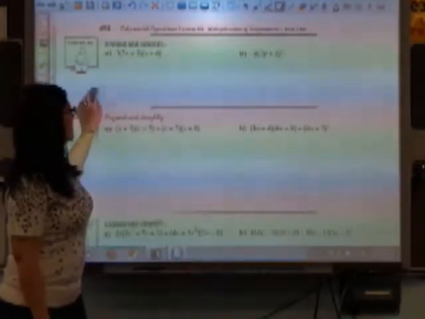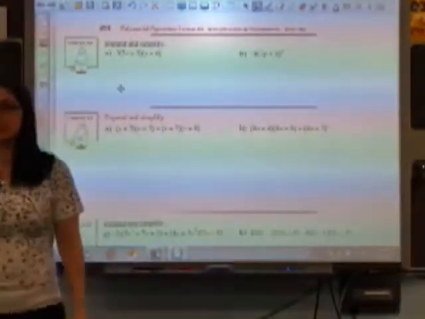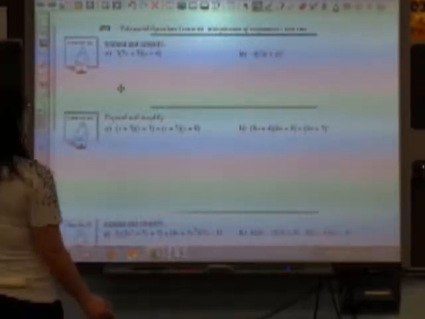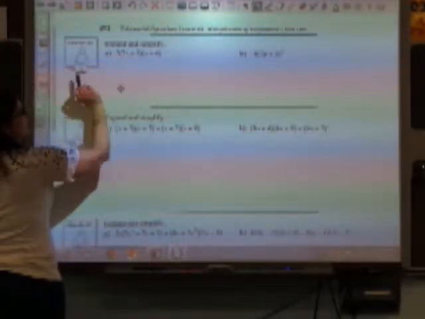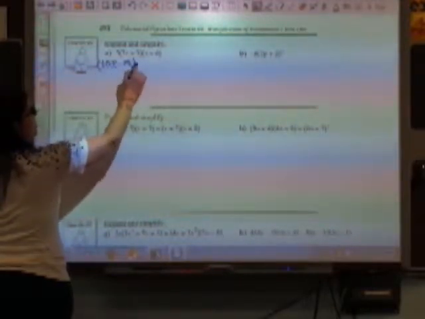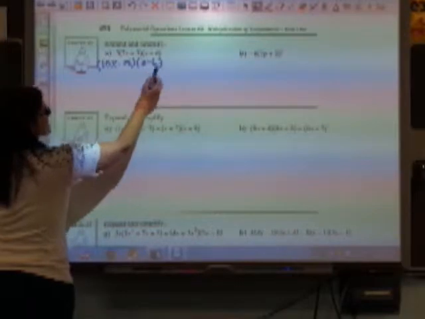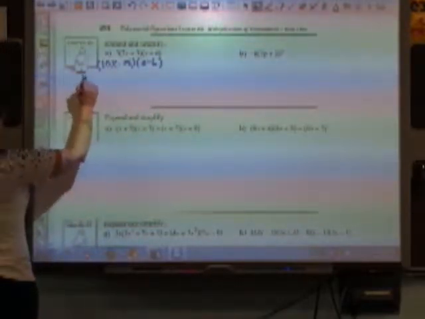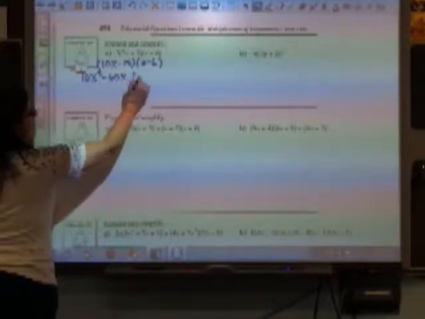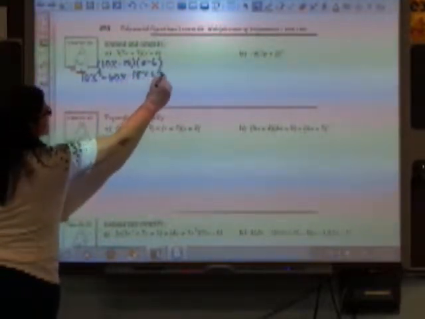So I'm going to give you guys a minute or two. I want you to see if you can expand and simplify that on your own before I do it with the class. So if I chose to multiply by 5 into this first expression, 10x minus 15 times x minus 6, I would have 10x squared minus 60x minus 15x plus 90.